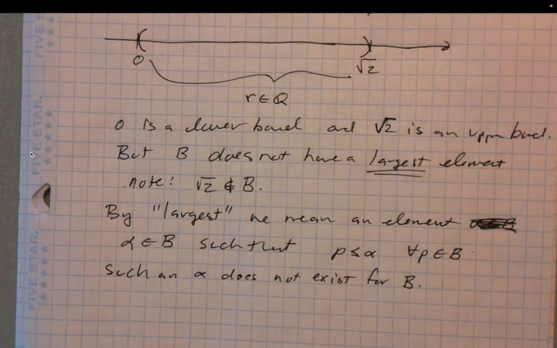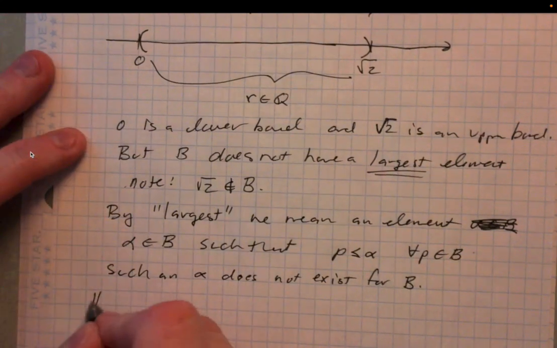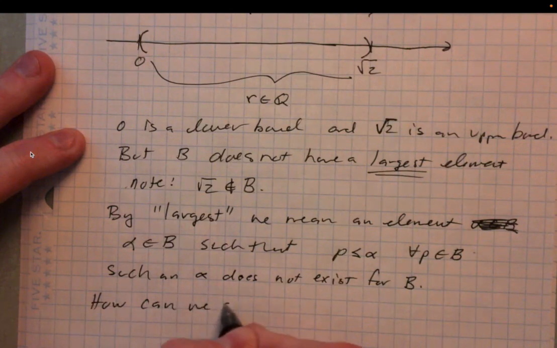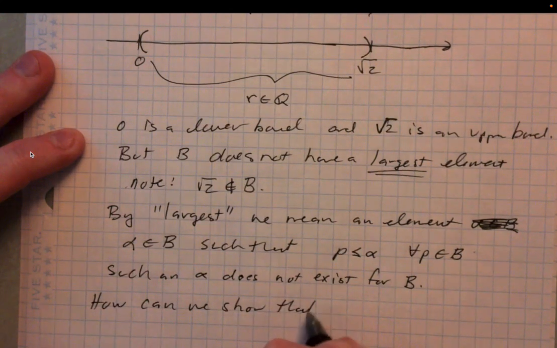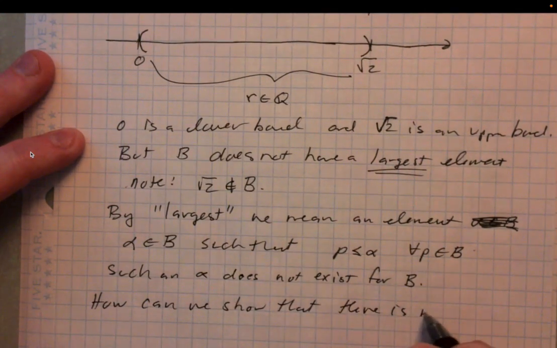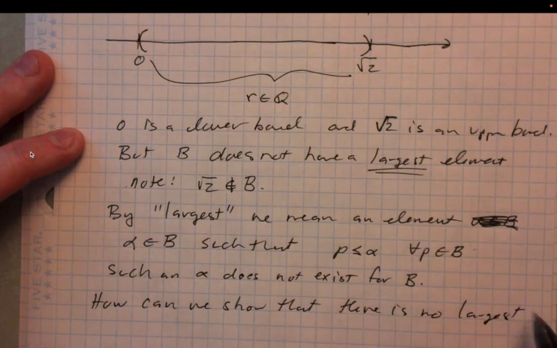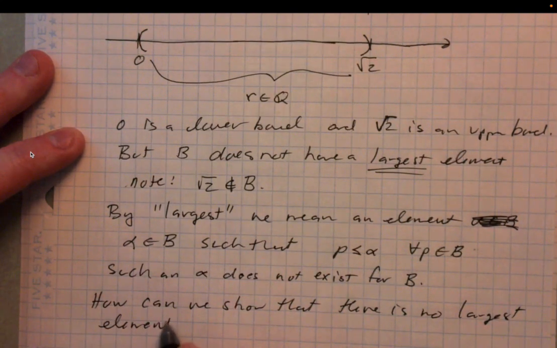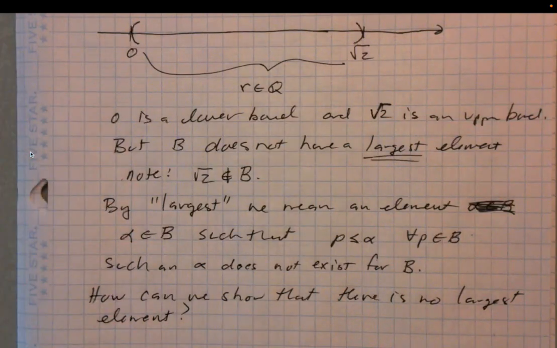But here's a set that is bounded above but doesn't have a largest element. Now, how can we show that there's no largest element?